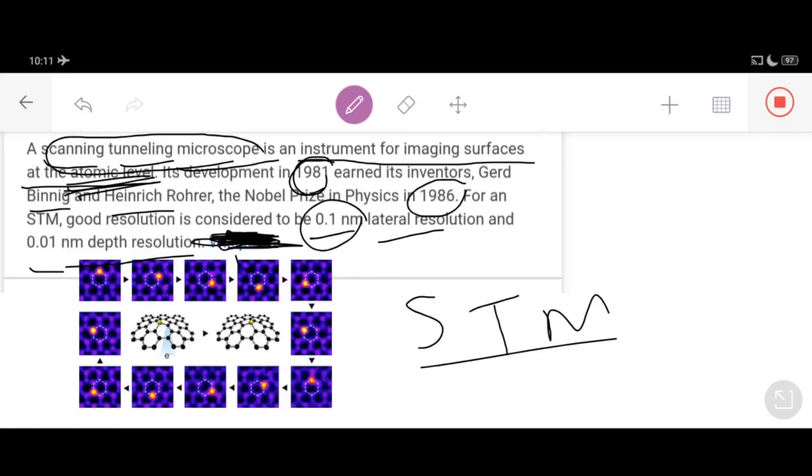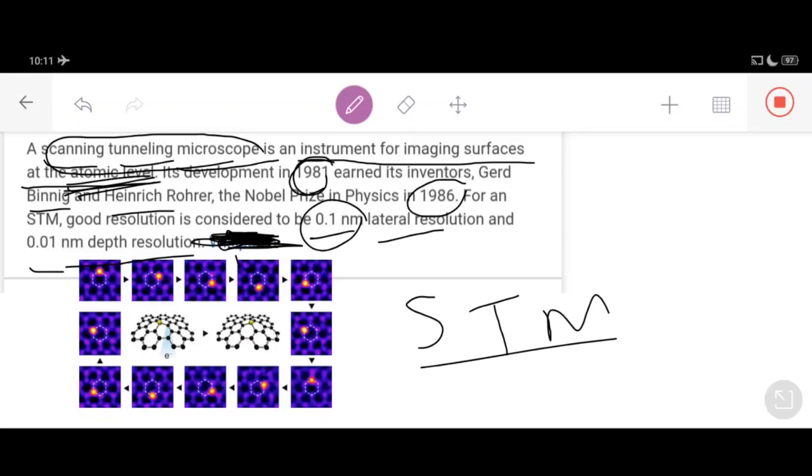So it can show us the surface of atoms, but mark my words, at the atomic level. By making use of it, we can see the smaller atoms by taking photographs of their surfaces.